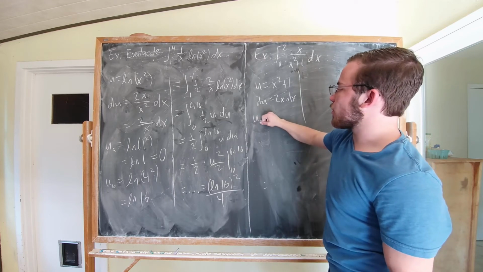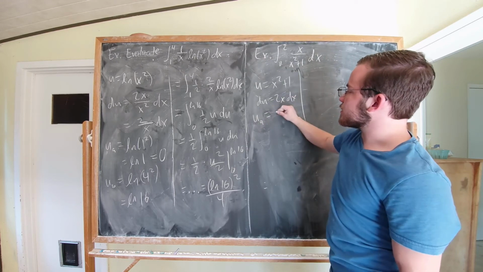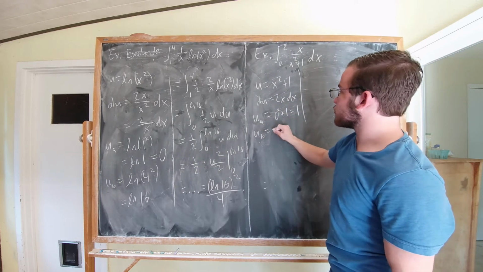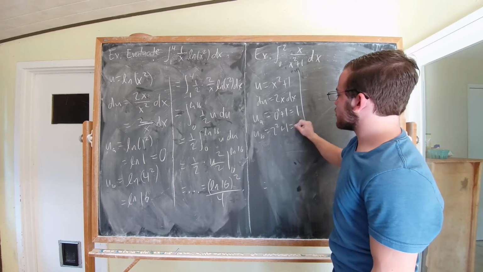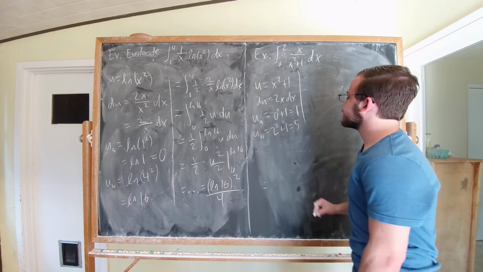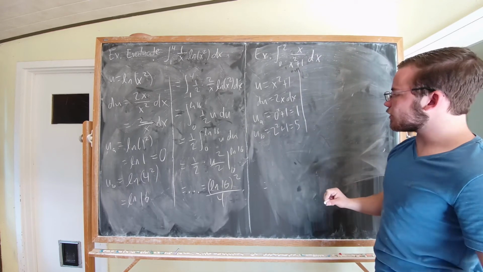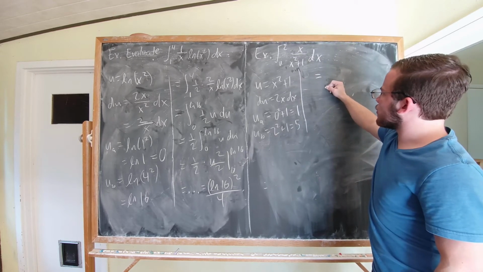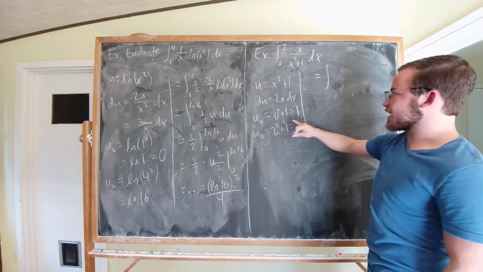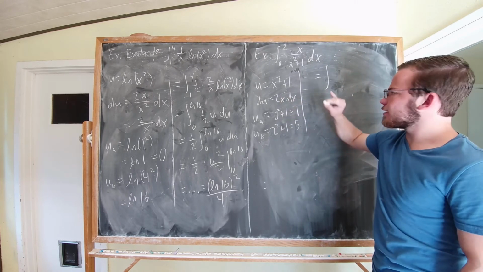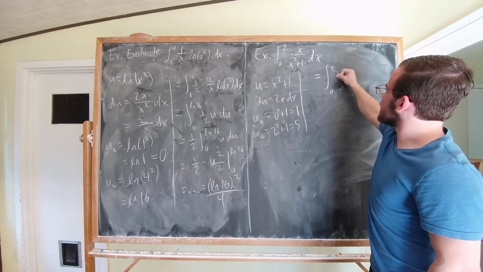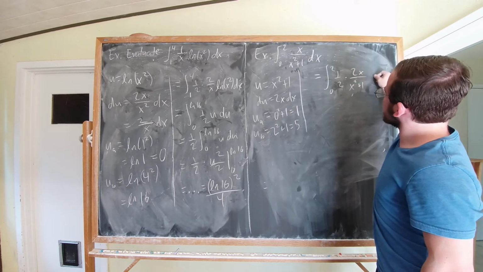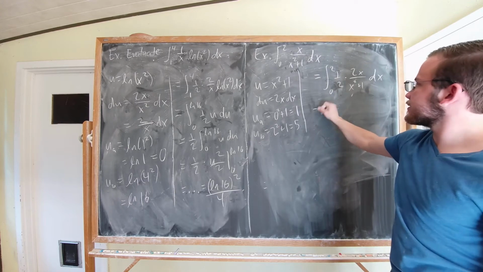Our new lower bound, in this case, would be 0 squared plus 1, which is 1. And our new upper bound would be 2 squared plus 1, which is 5. Alright? So then, in terms of x world, we need to get a 2 in there first. This is the integral from 0 to 2 of 1/2 times 2x over x squared plus 1 dx.